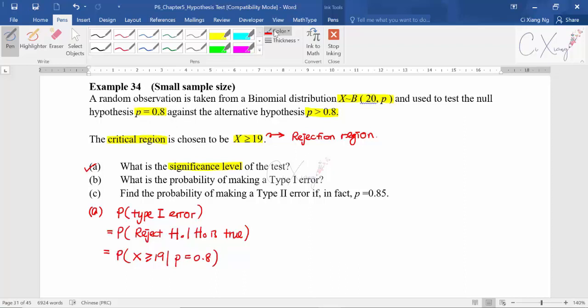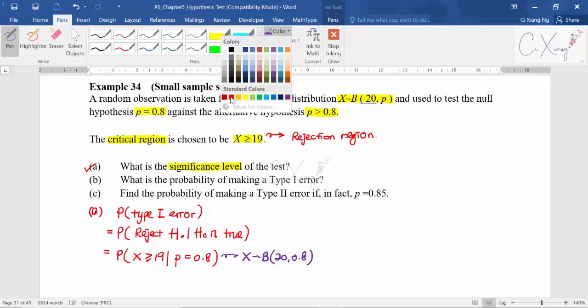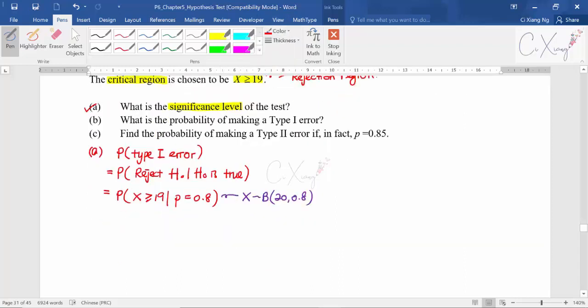Usually I will just write out the distribution that I use. So it is binomial distributed, sample size is 20, p is 0.8. And I want to continue to calculate the type 1 error here. Greater equals to 19 means 19 and 20. Therefore, I'm having 20C19, 0.8 power 19, plus 20C20.